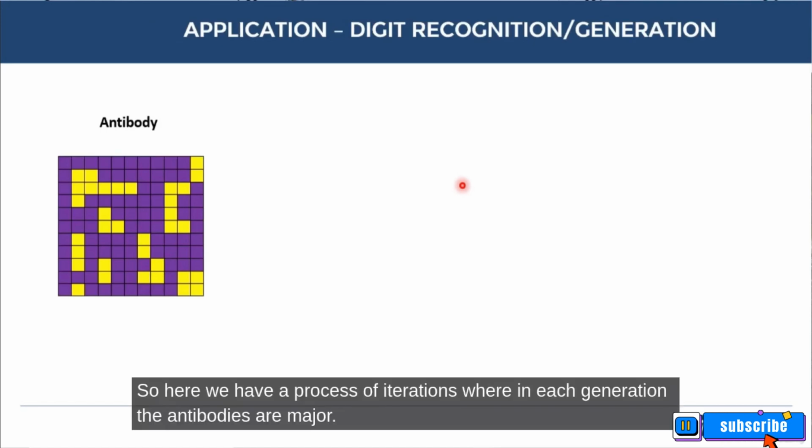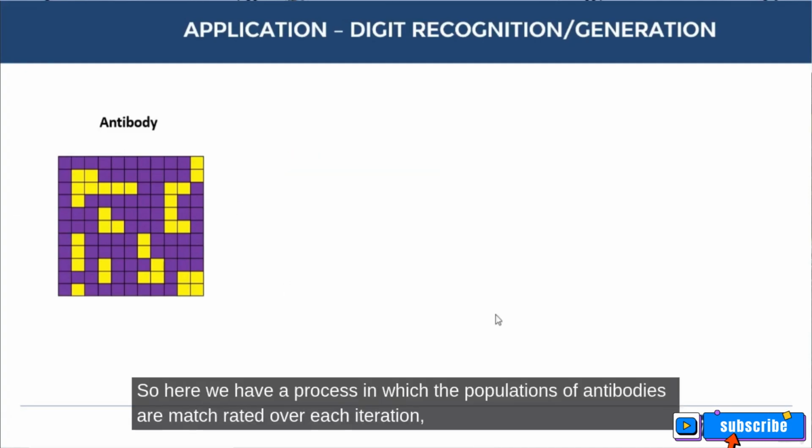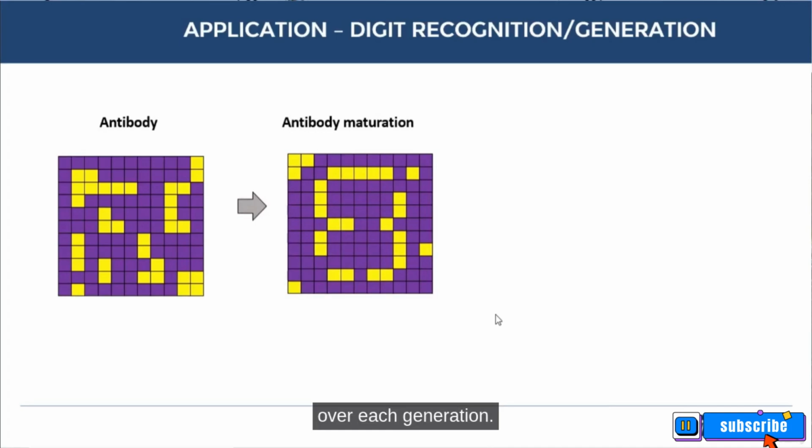So here we have a process of iterations where in each generation the antibodies are matured. The populations of antibodies are maturated over each iteration, over each generation.